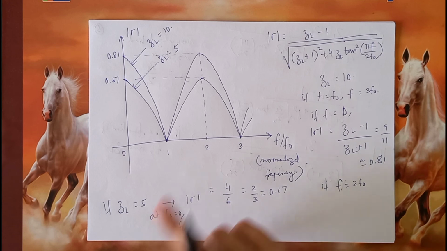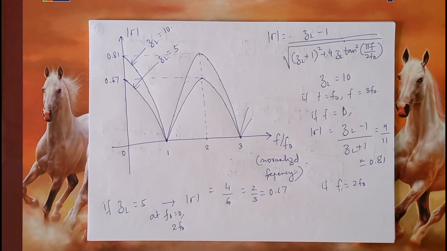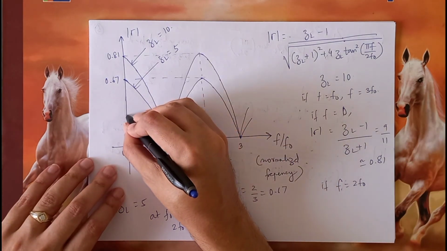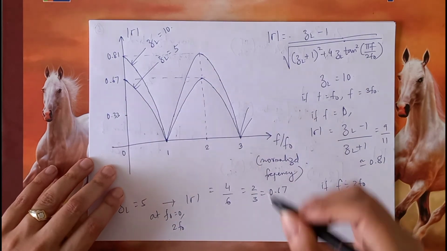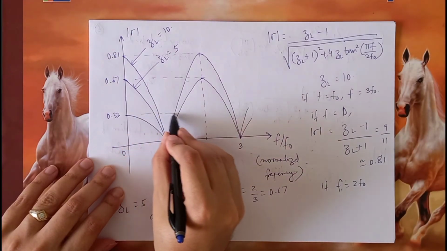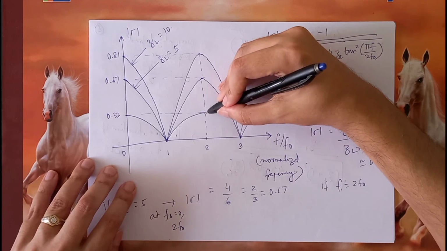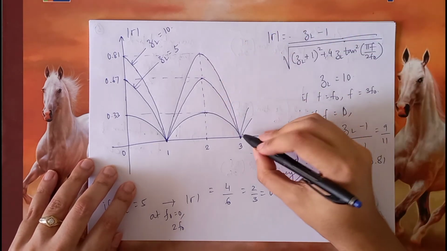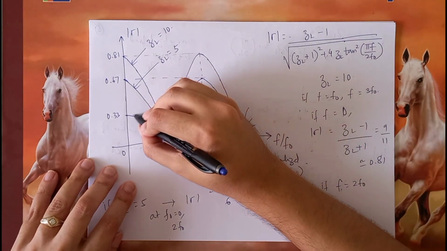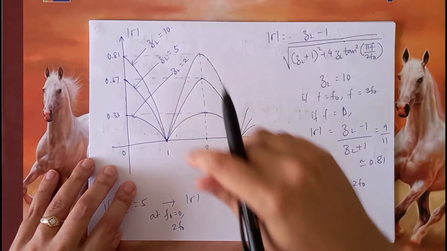Again, if you take, let us say, ZL as 2, then this quantity would become 1 by 3. That's something like this, 0.33. So again, it will look something like this. This is when ZL becomes equal to 2.